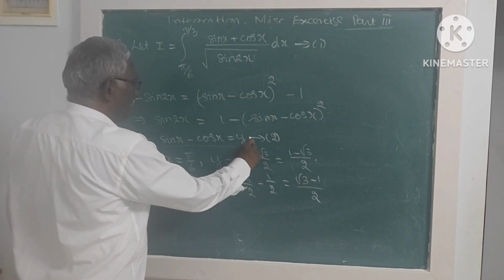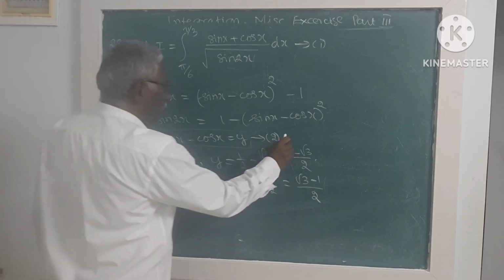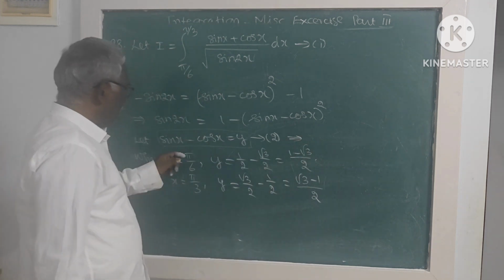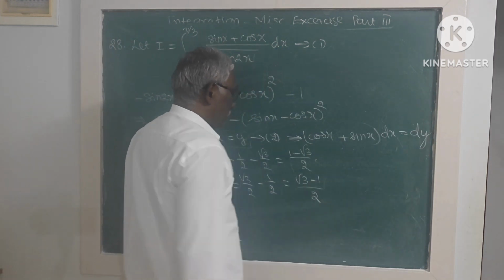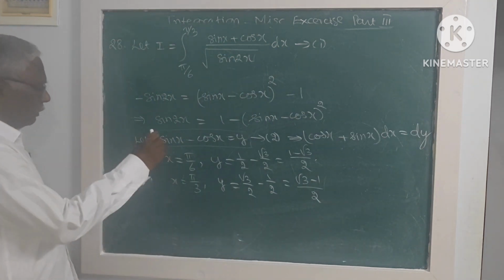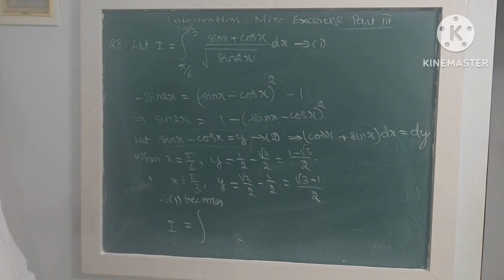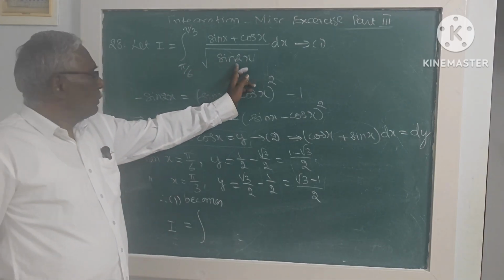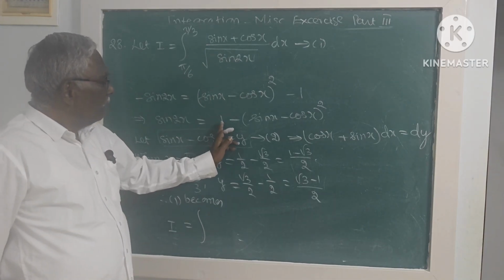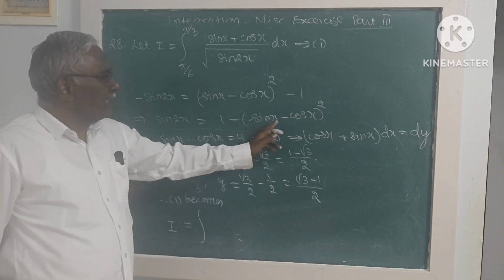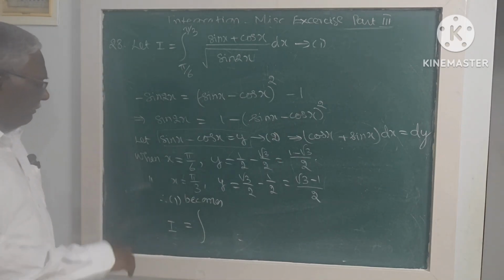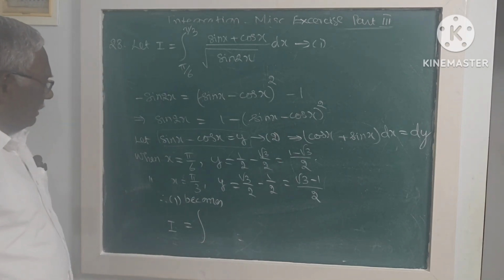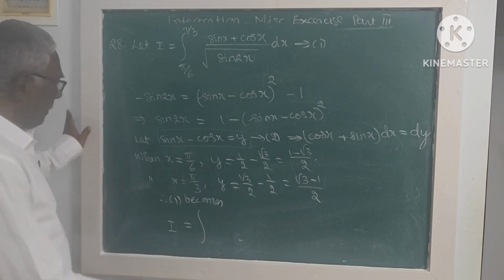So if we differentiate this, what will come? Sin x plus cos x dx is dy. Therefore, the integral becomes: first we will write sin 2x as 1 minus sin x minus cos x whole square, and then we will write x in terms of y.